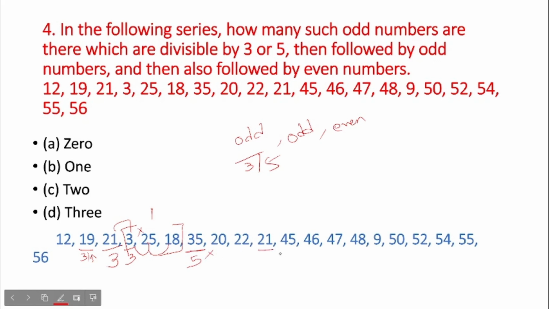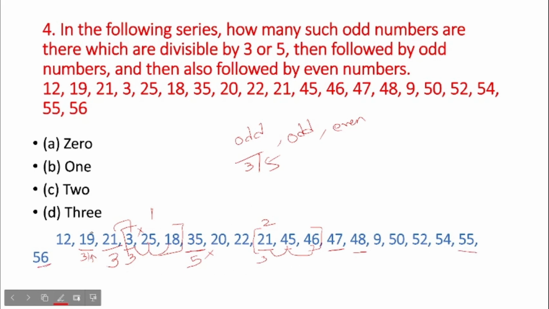Then we have 21. 21 is divisible by 3 and followed by an odd number, and also followed by an even number. We have another, again with 45, even number. 47, 48 is an even number. 55, but here it's already an even number.